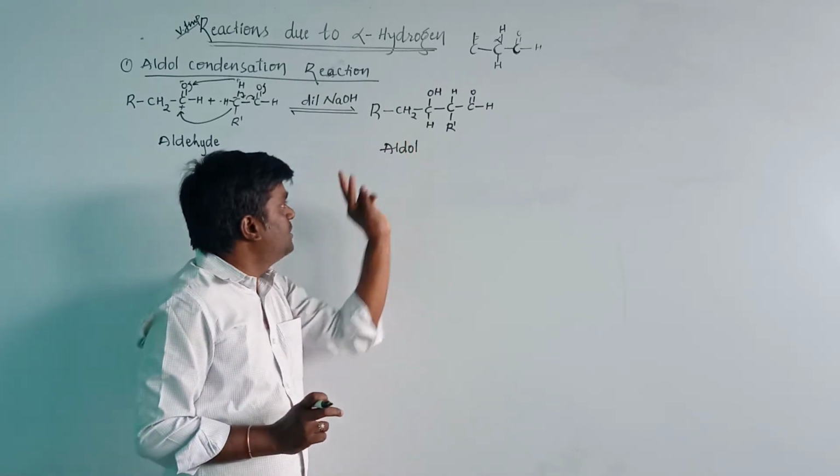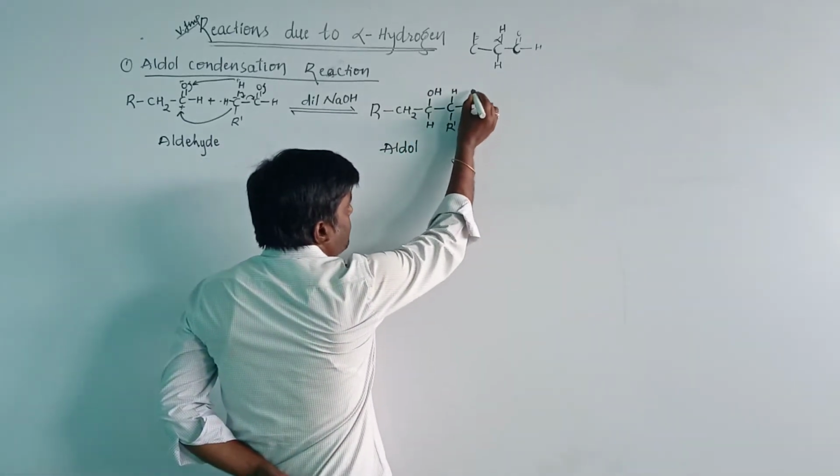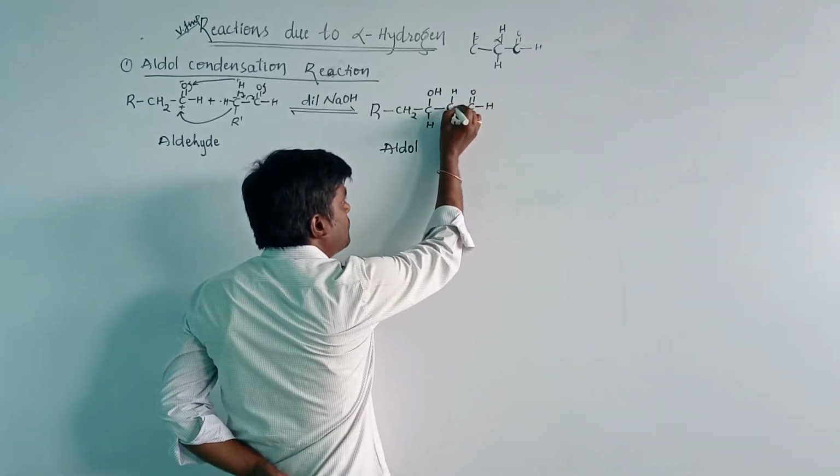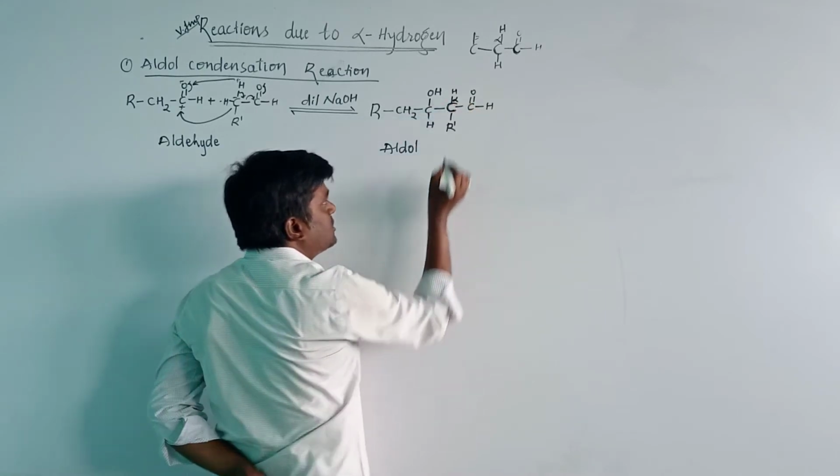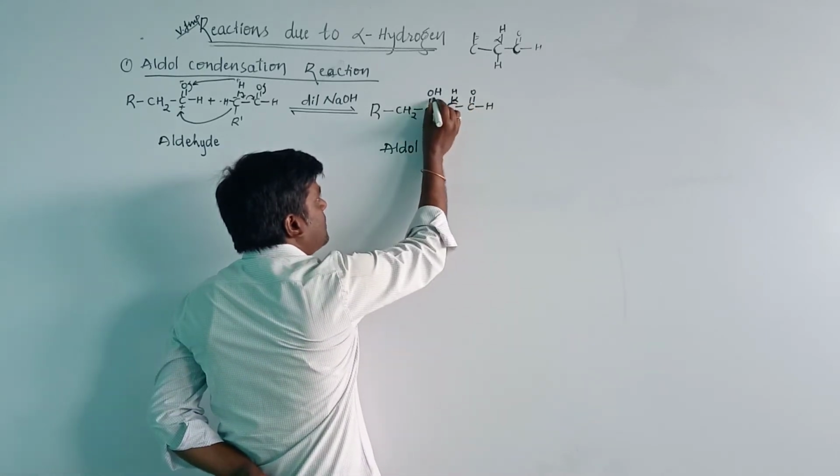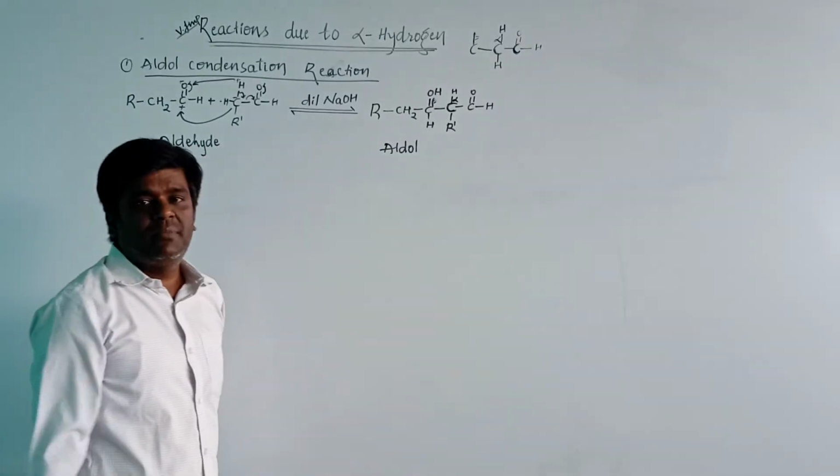Then another way, the carbon to which the functional group is attached is the first carbon atom, known as the alpha carbon atom, and the second carbon atom is known as the beta carbon atom.